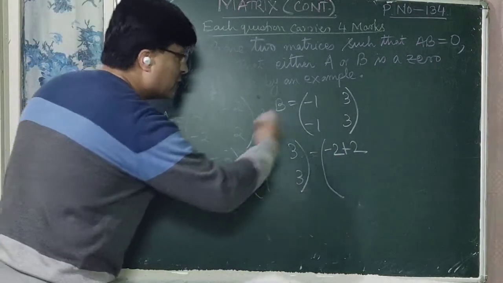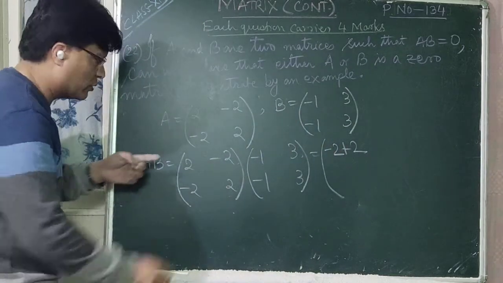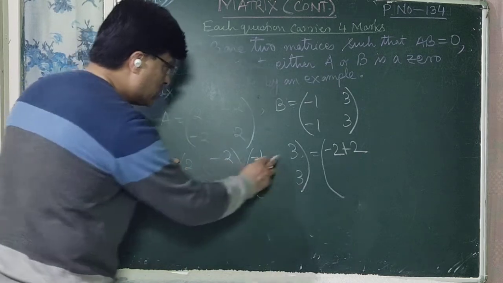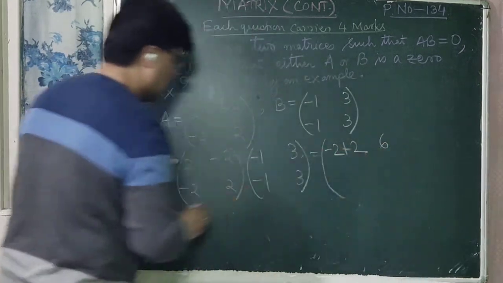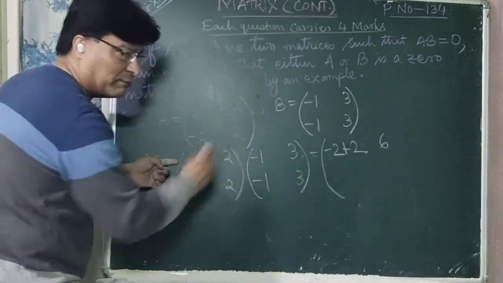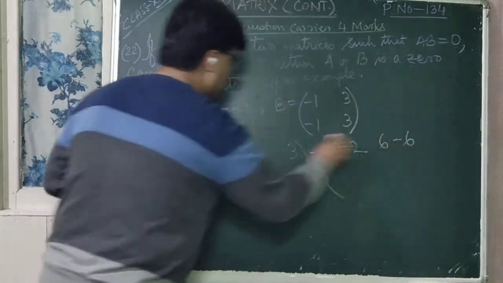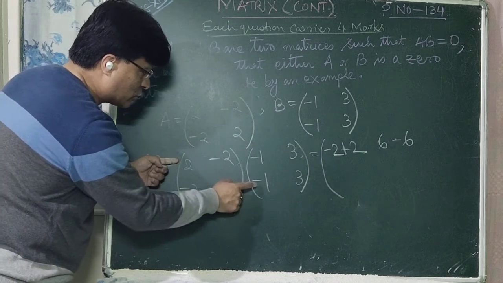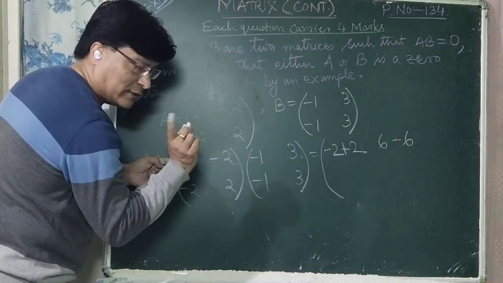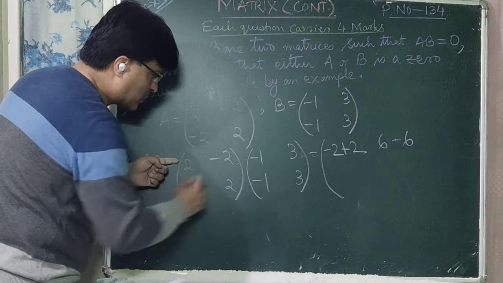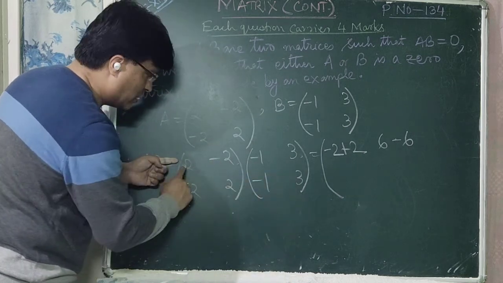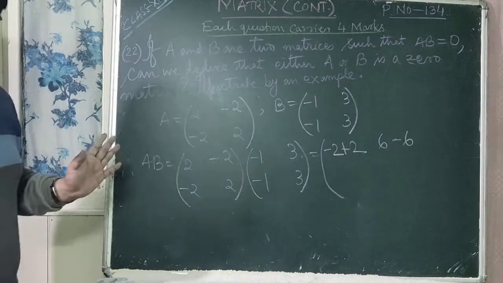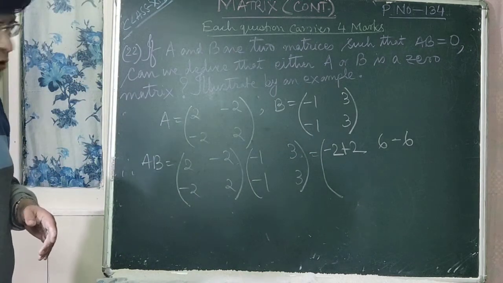Again, this first row should be multiplied by the second column. 2 into 3, 6, and minus 2 into 3, minus 6. Is that clear? So this is your first row.